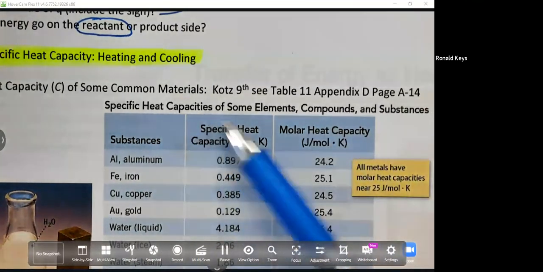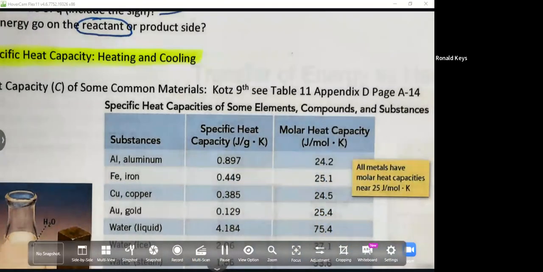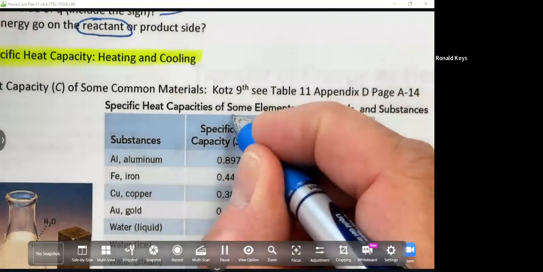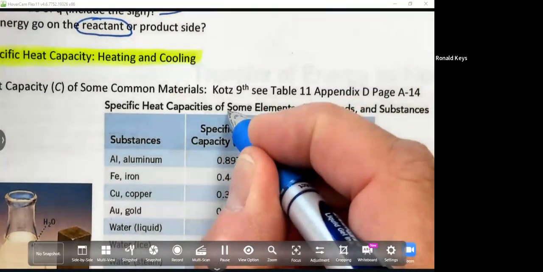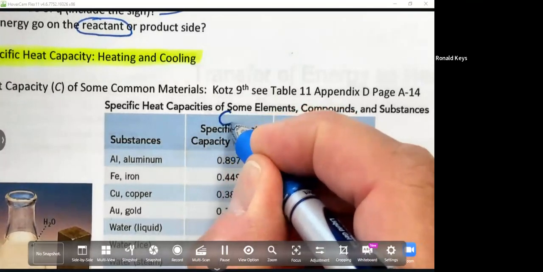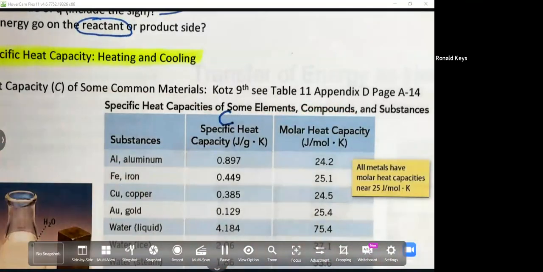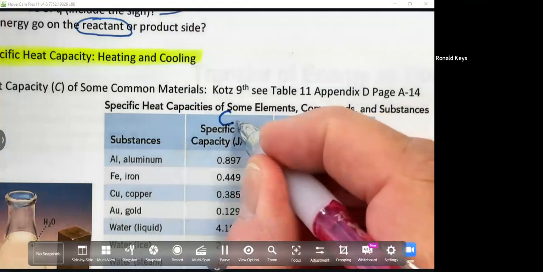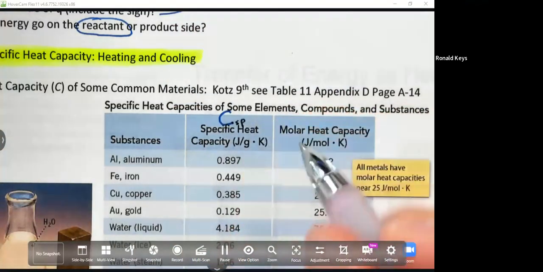This is the heat capacity of some elements, compounds, and substances. So this will be specific heat. Your textbook uses SP. I'm just going to use a C.